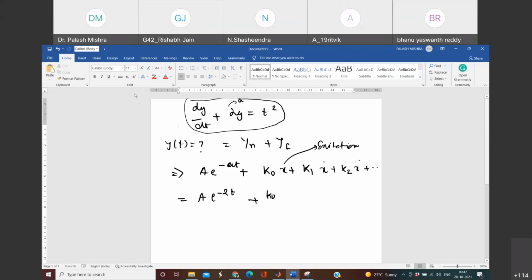The excitation is this function t square, so x equals t square. So you put k naught times t square plus k1 times x dot, which is dx/dt, equal to 2t, plus x double dot, which will be 2, times k2. Is it clear?